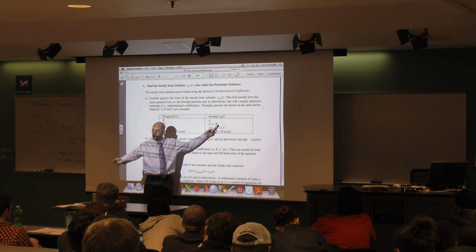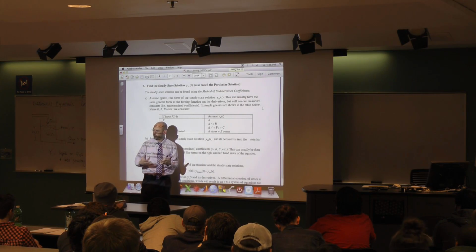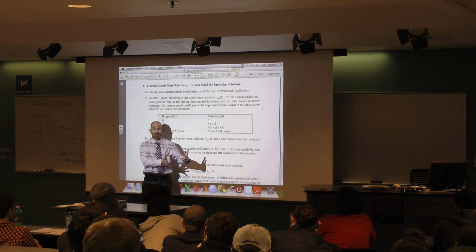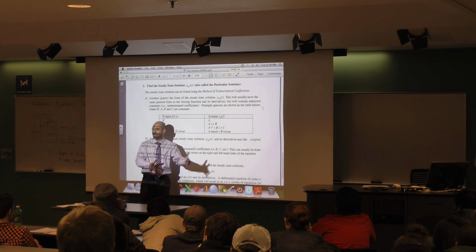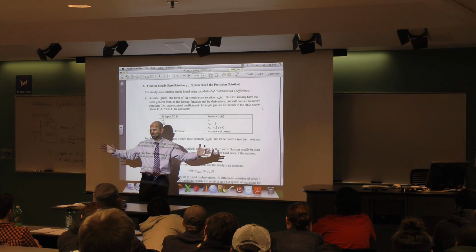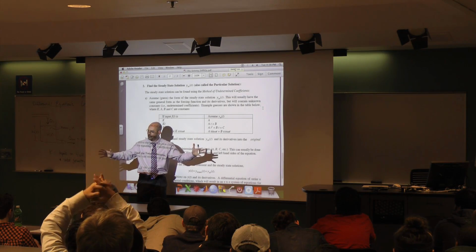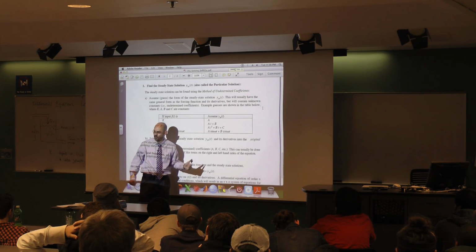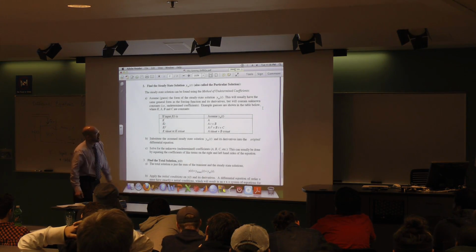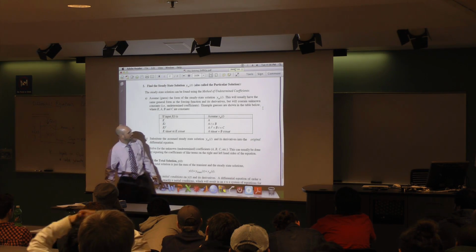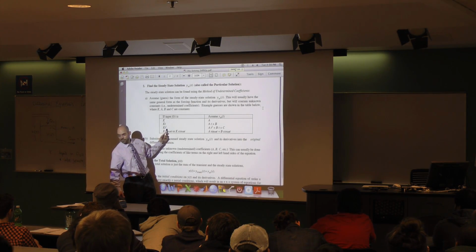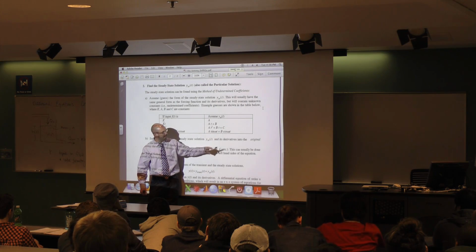They're undetermined coefficients. How do I determine them? I plug them into the equation and figure out what they have to be to make the right side equal the left. This is not like a theoretical solution. This is like an engineering solution. I'm just trying to find a function that works. For t squared, this is a parabola, so why don't I try the most general parabola?